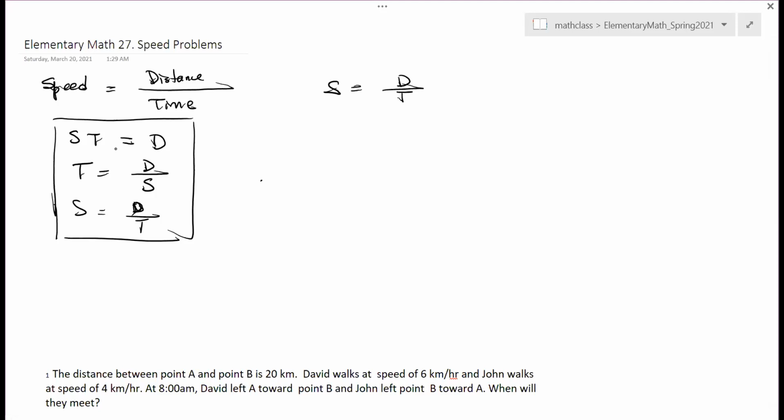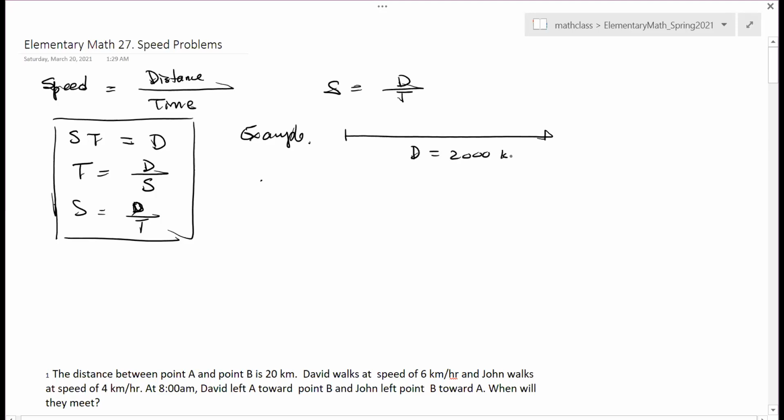Okay. So I'll give you an example. Here's the example. If it travels a distance D equals 2,000 kilometers, and it takes 4 hours to travel, the speed is going to be 2,000 divided by 4.